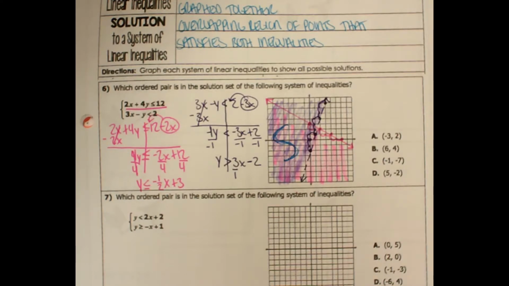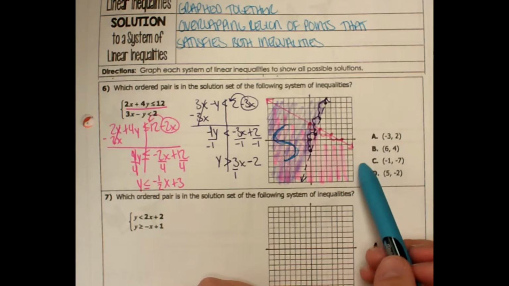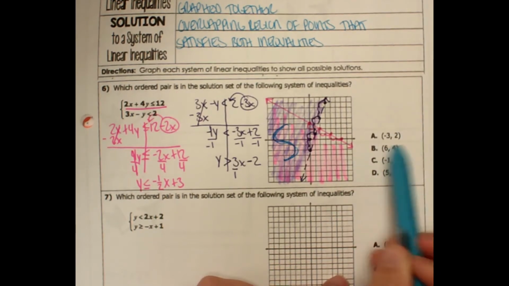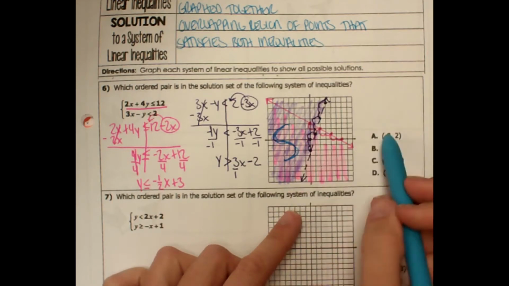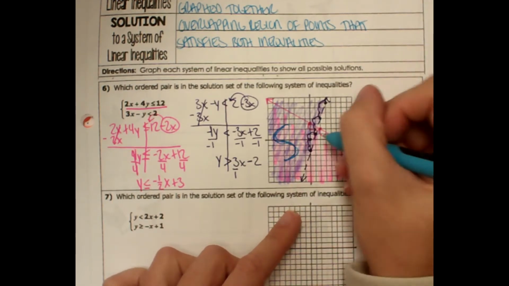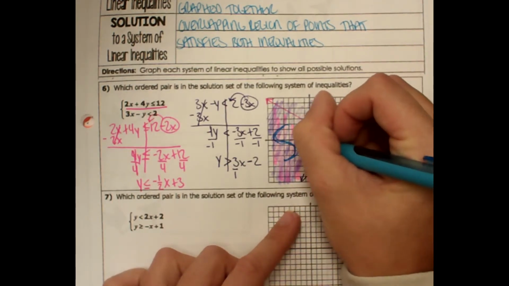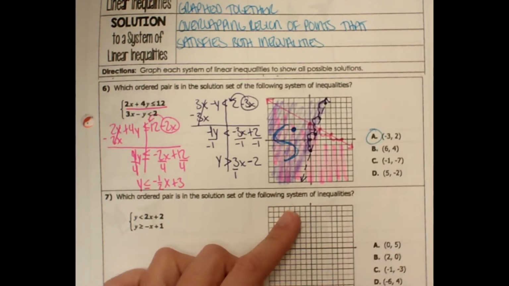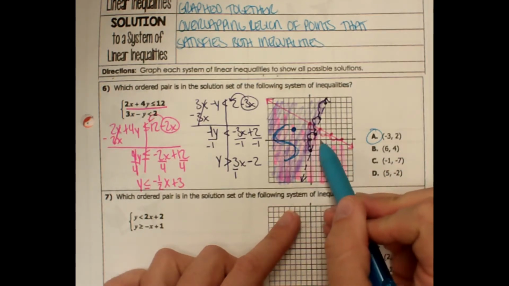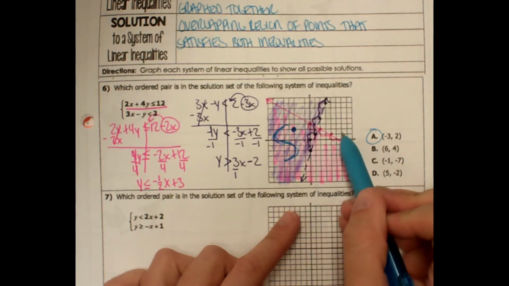Let's look at the points they give us. So now, let's find a solution that satisfies both inequalities. So negative 3, 2. Here's my origin. There's negative 3, 2, so that's a solution. Let's go check the rest of our answers. So 6, 4.